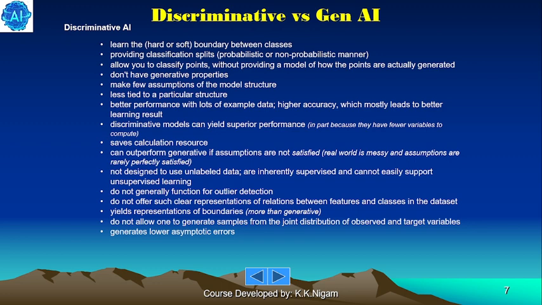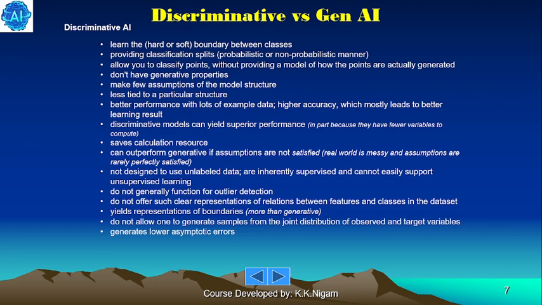Better performance with lots of example data, higher accuracy, which mostly leads to better learning results. Discriminative models can yield superior performance in part because they have fewer variables to compute, saving calculation resources, and can outperform generative AI if assumptions are not satisfied.